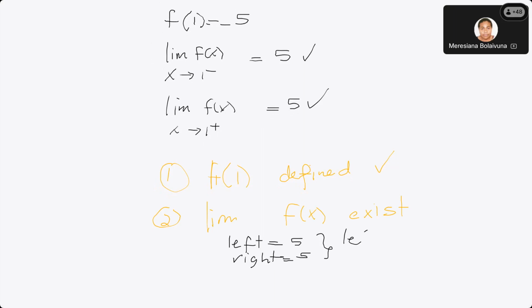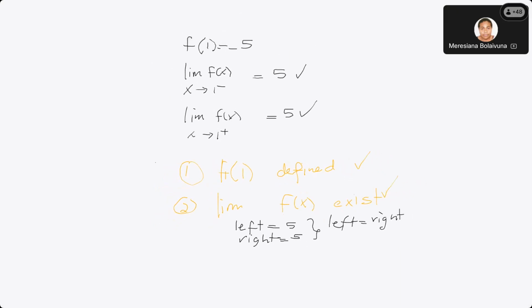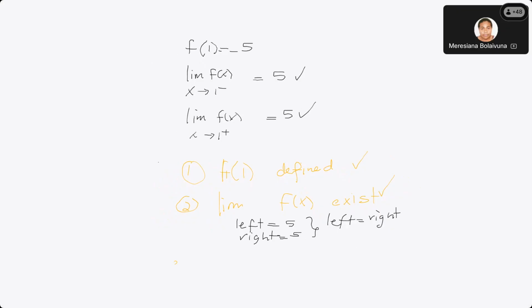So since the left is equal to the right, then we can say that the limit exists. Okay, so the second condition is satisfied. The last condition is the value for f of 1, is that equal to the limit for f of x?